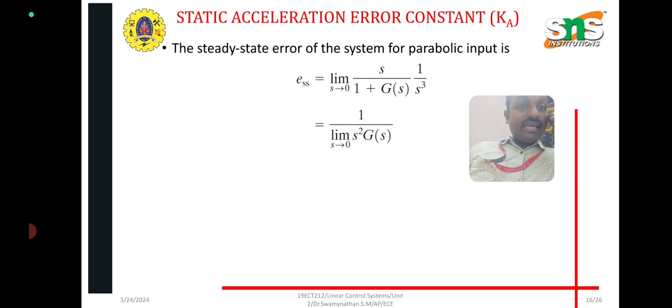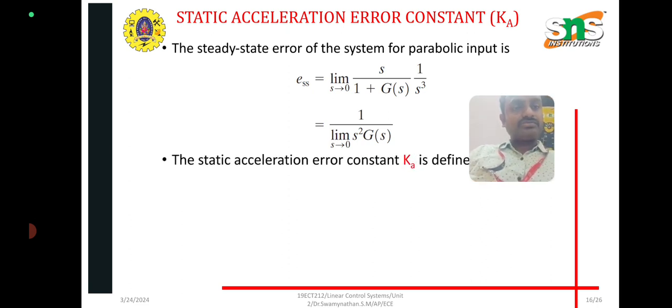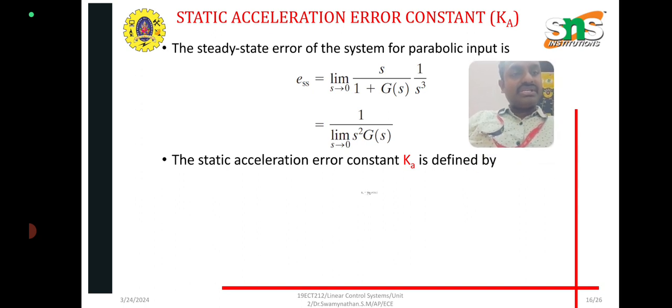So the steady state error of the system for parabolic input is s divided by 1 plus G of s into 1 by s cubed. First we see 1 by s, next 1 by s squared, and next 1 by s cubed. This is for the acceleration constant Ka, defined as s squared into G of s.